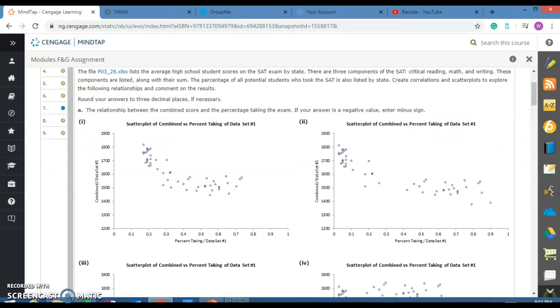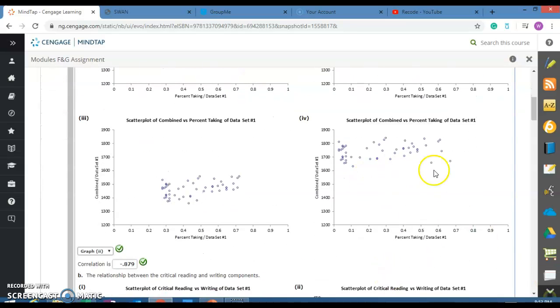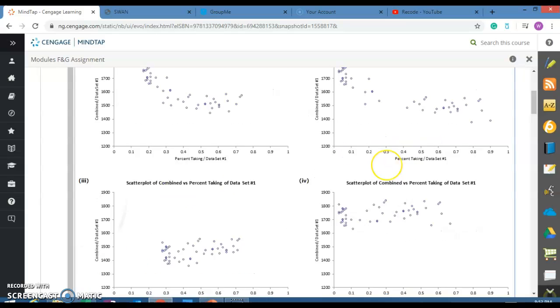Looks like it's going to be this one or this one, because the trend line here is going from the upper right down to the bottom left. It wouldn't be this one. It's not going to be that one because that's almost positive and this is almost horizontal.